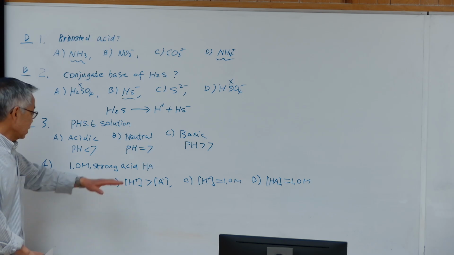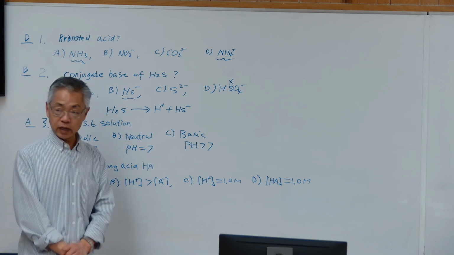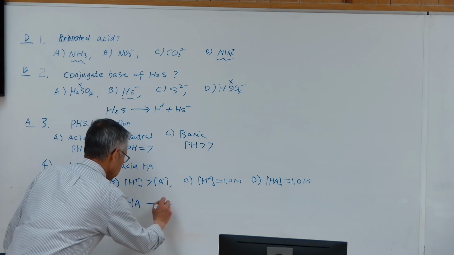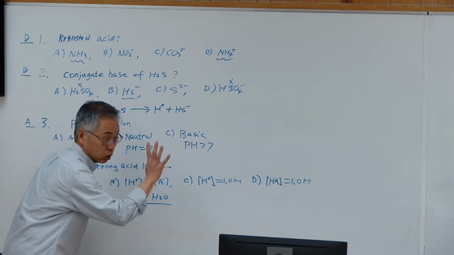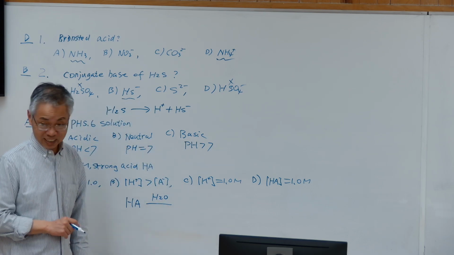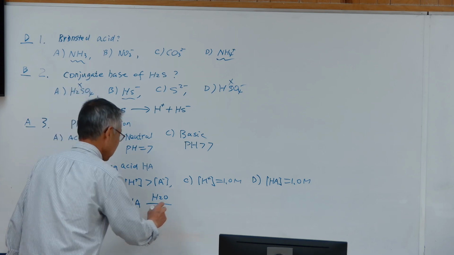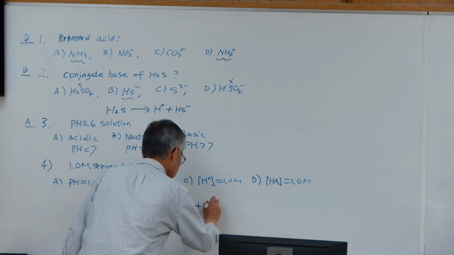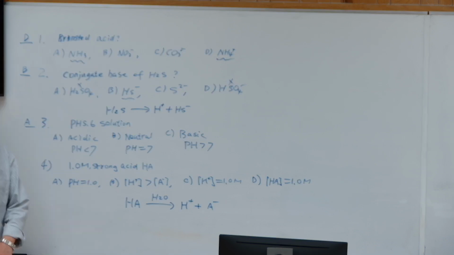First of all, this is a strong acid. What does strong acid mean? Strong acid means, in a water system, right? Most acid base reactions are always in a water system. That means it completely breaks down into hydrogen ion and A minus.